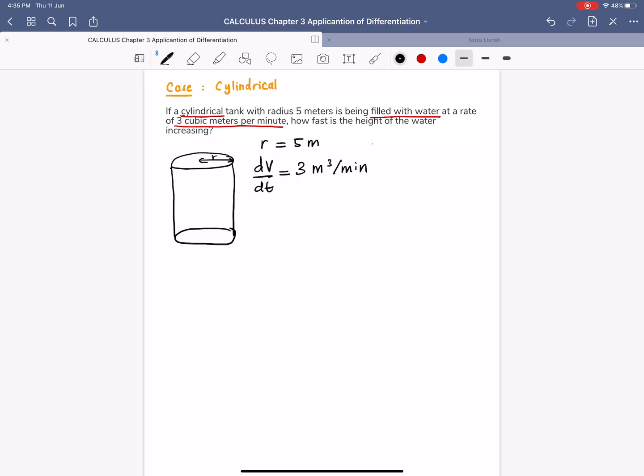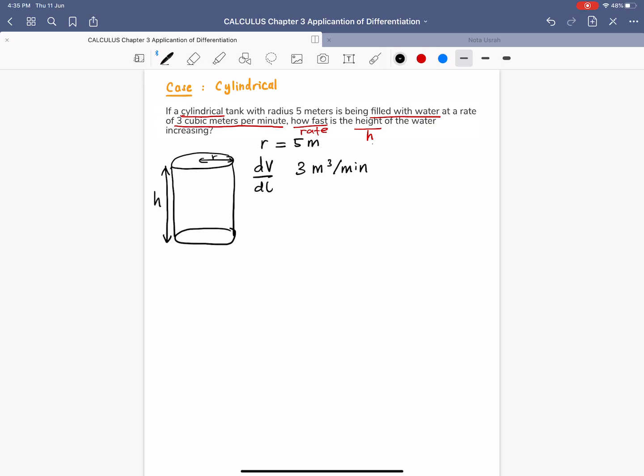So how fast is the height? How fast means the rate. What is the rate of the height? Let's say height is represented by h, the height of the cylinder.